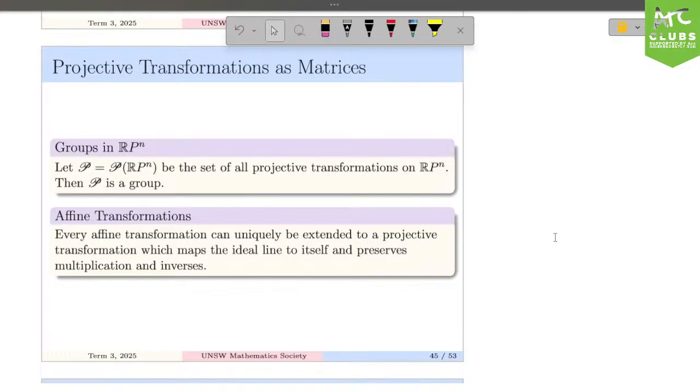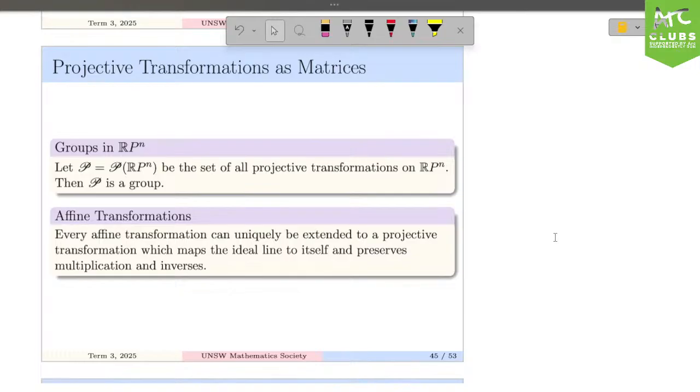So we have closure under multiplication. And from here, we also get the identity element of the projective group is just tau of the identity. And we also get inverses from here: tau of A inverse.